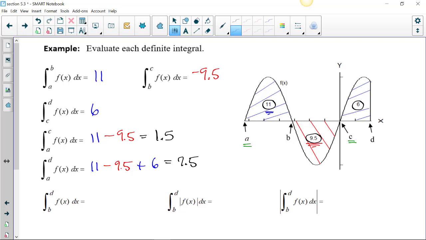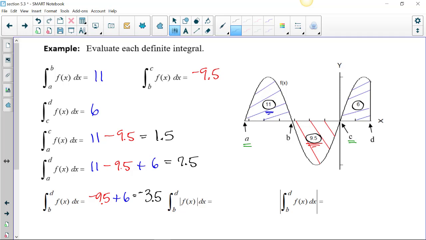And then the definite integral from B to D. So I have a negative 9.5 plus 6. So I end up with negative 3.5 for the definite integral from B to D. So I end up with a negative value for that definite integral.